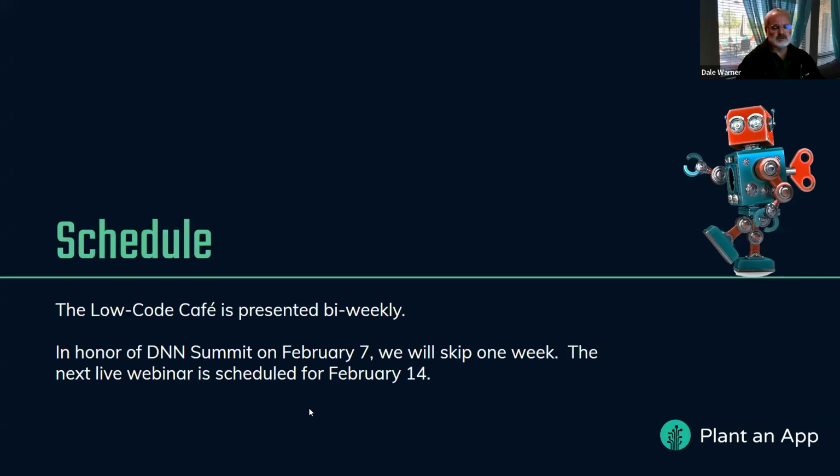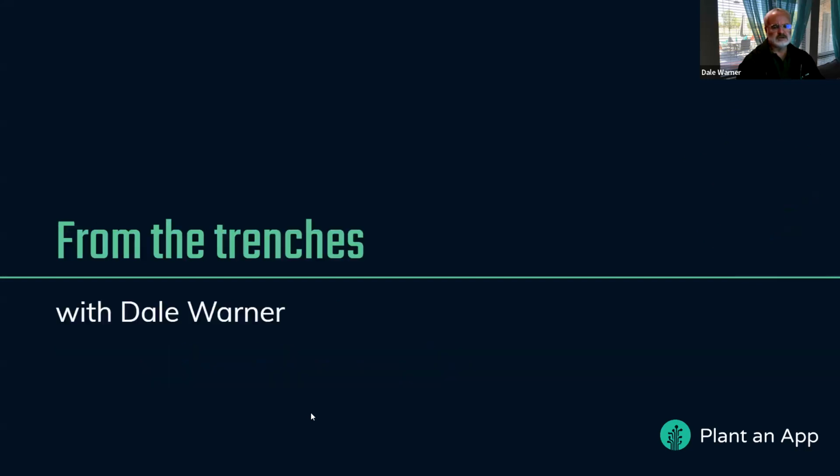DNN is the underlying platform for Plantain App, and we encourage you to participate in that, and we will be as well. So during this hour, 2 weeks from now, I'll be presenting a topic on AI. It's not particularly Plantain App related, but it is going to be, I think, of use to the DNN community, and Bogdan has one as well. So we will be presenting at DNN Summit and encourage you to attend.